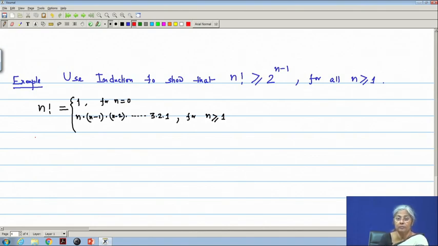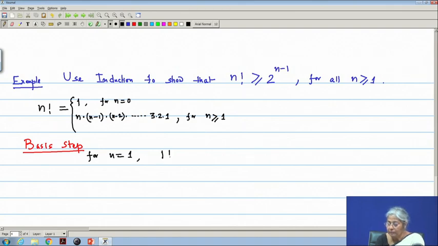So, Sn for n equal to 1 is the basis step. Here for n equal to 1, 1 factorial equals 1, which is greater than or equal to 2 to the power 1 minus 1. So, the basis step is true.